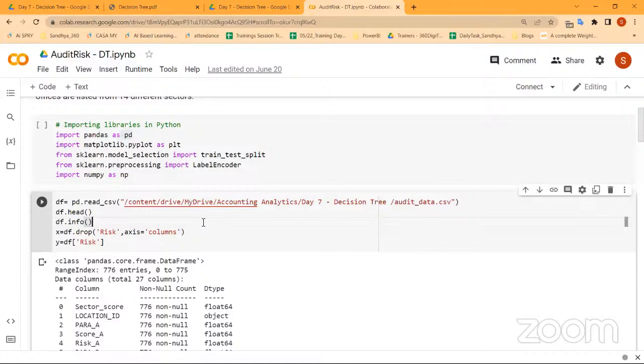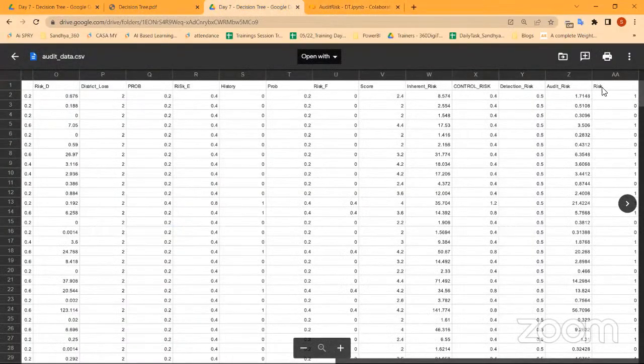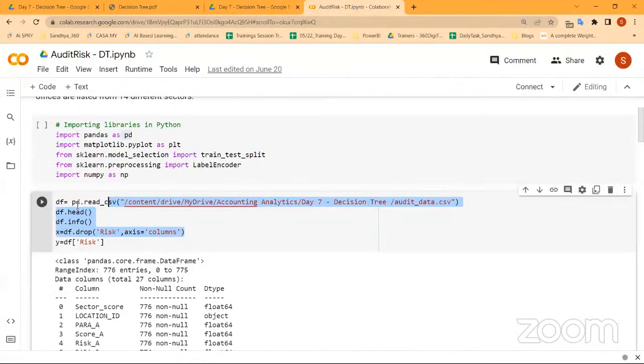And then I'm trying to segregate my data into input and output, friends. X indicates the input and Y indicates the output. Except the risk column, all remaining columns are the inputs, whereas only the risk column is considered the output. So Y is output, X is input.